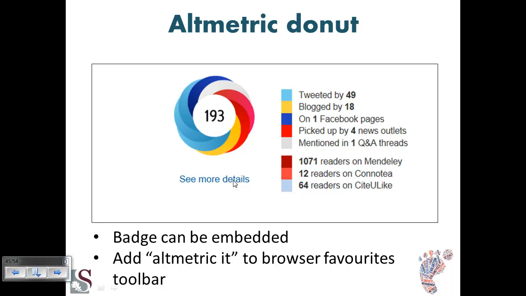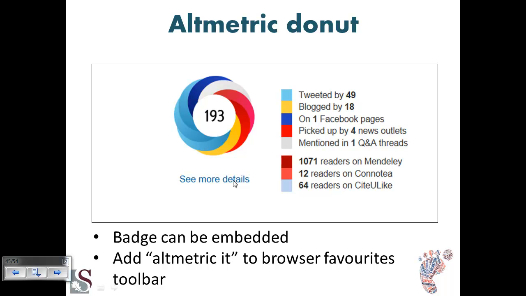That's just an example. The colors surrounding the donut reflect the mix of sources like you've seen. The blue is for Twitter, yellow for blogs, red for mainstream media sources, and so on.